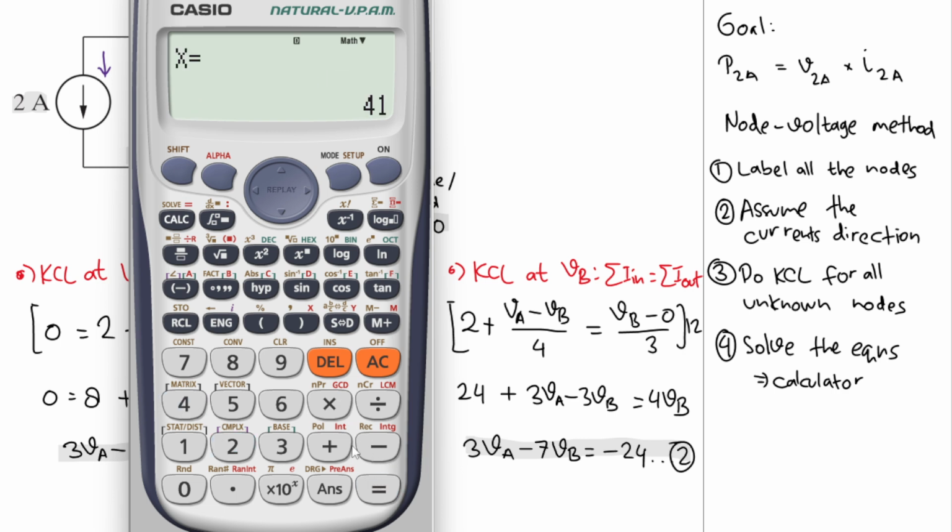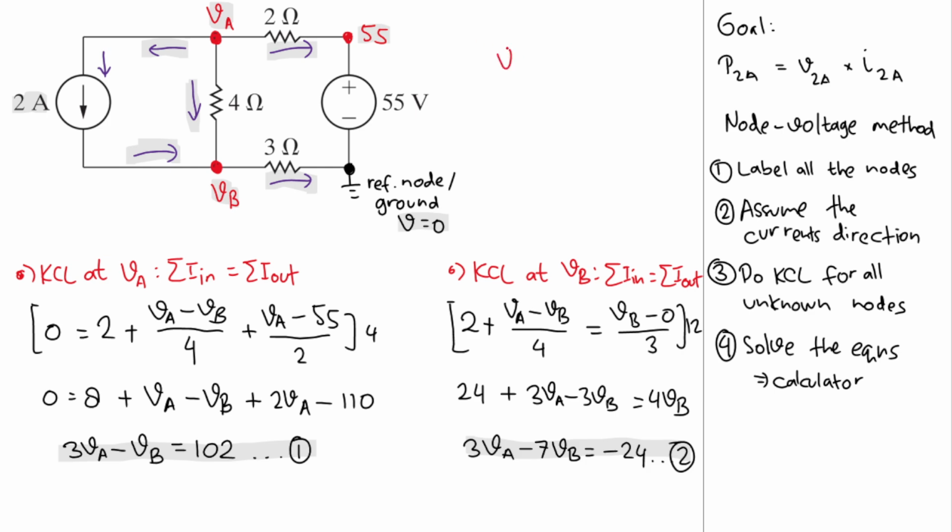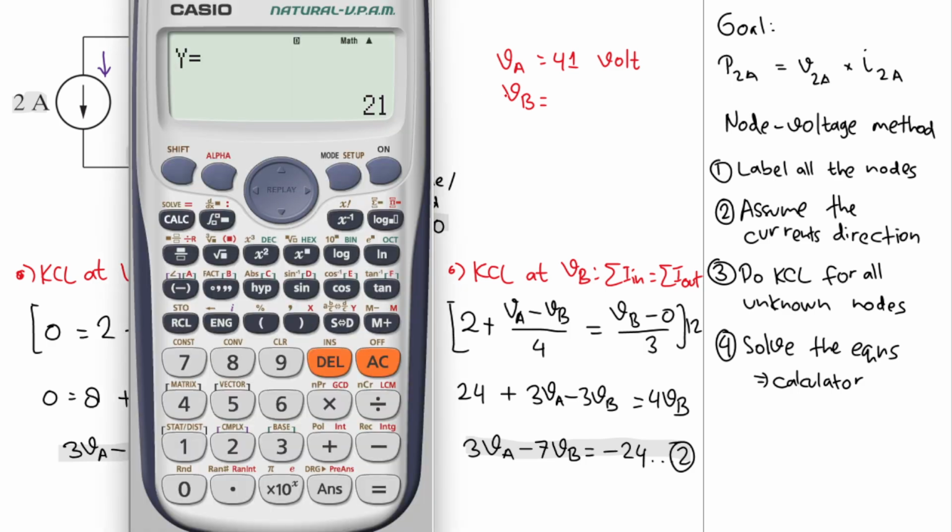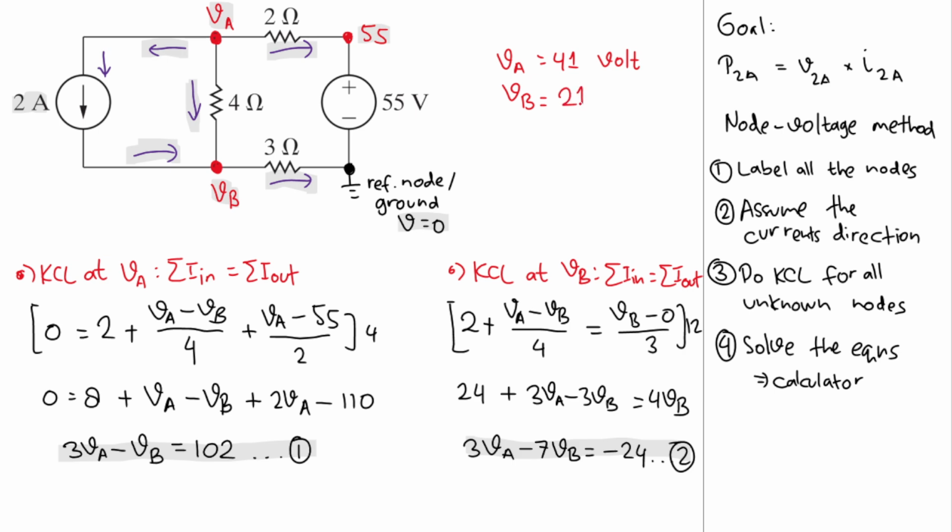Okay, we can get our VA is 41. That's good. We will have VA is 41 volt. And then what is VB? VB will be the Y value, which is 21 volt.